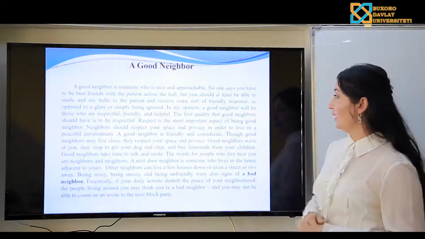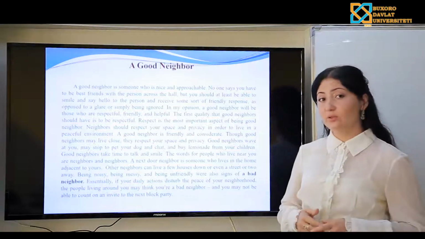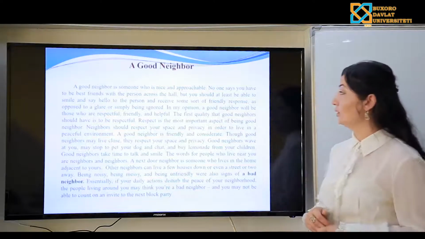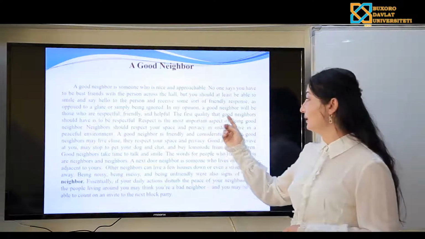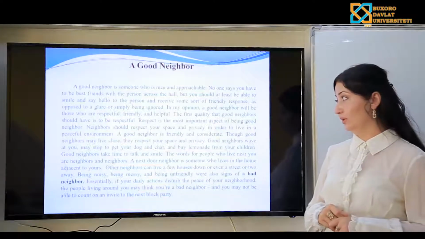In my opinion, a good neighbor is someone who is respectful, friendly, and helpful. The first quality that good neighbors should have is to be respectful.